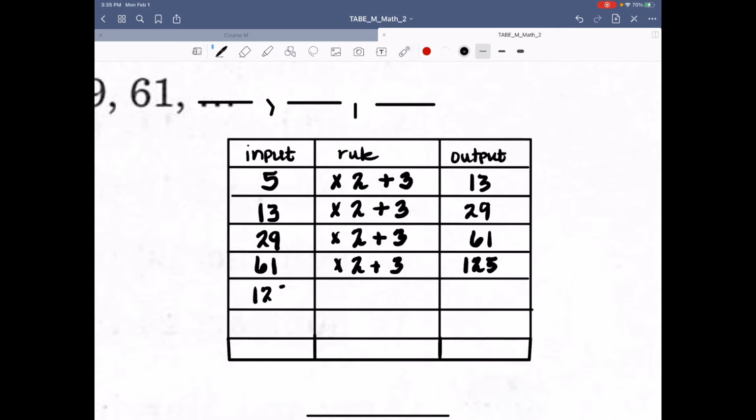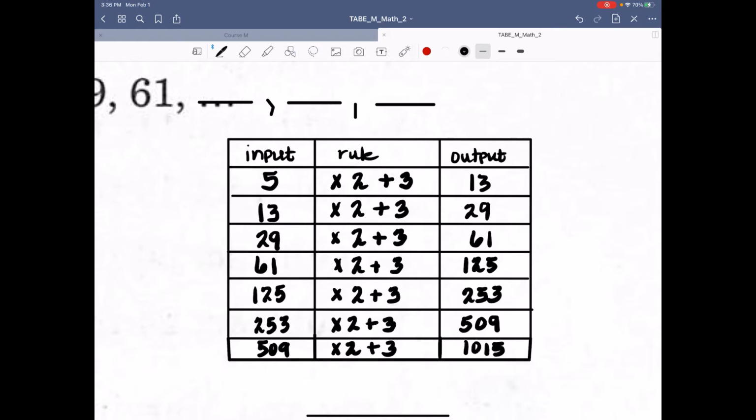Then 125 is your new input, times 2, plus 3 is 253. Then 253 times 2 is 506, plus 3 is 509. Then 509 times 2 is 1012, plus 3 is 1015.